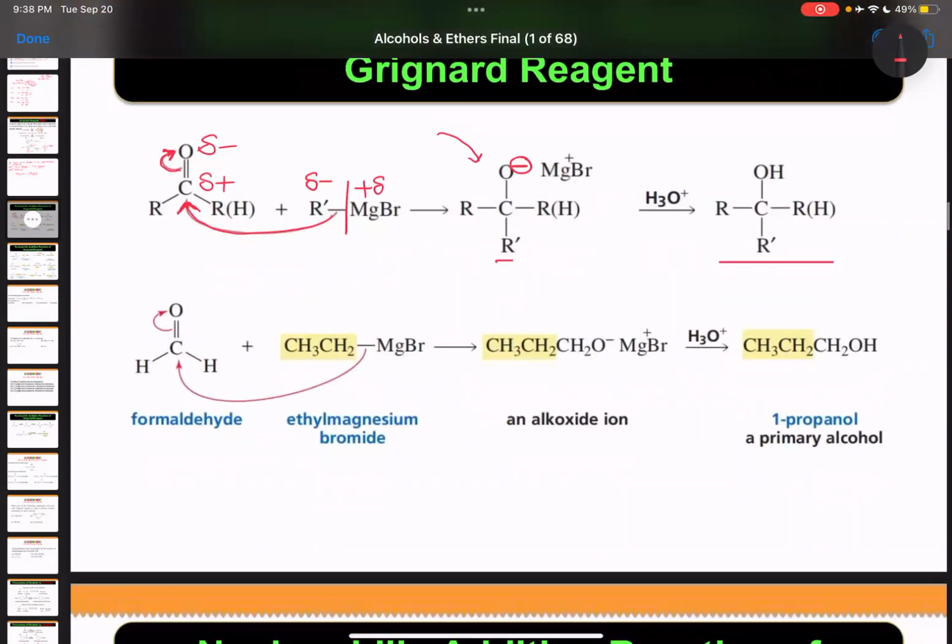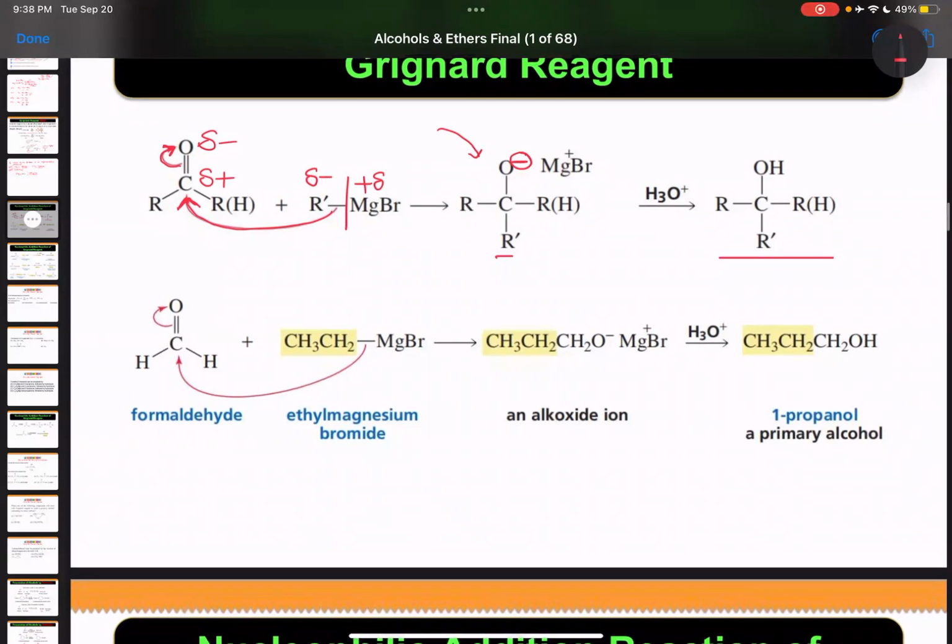So suppose you react a Grignard with formaldehyde, what type of alcohol can you get? Can you put it in words? Yes, sir.